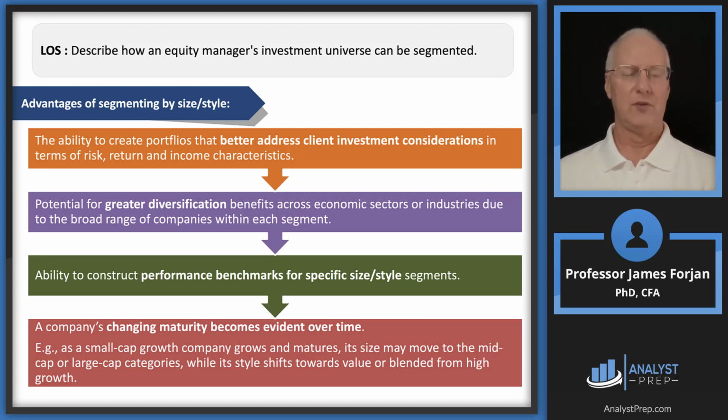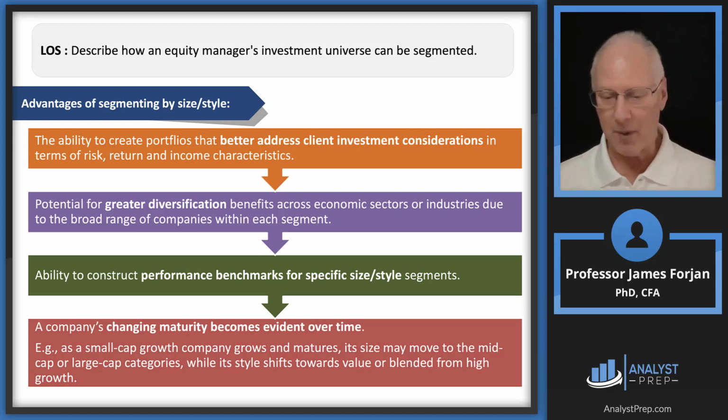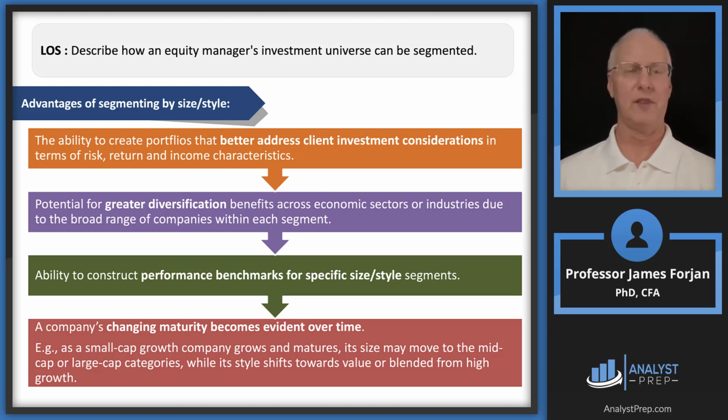So what are some advantages of all of this segmentation? Well, just think about it. Let's suppose there are 10,000 stocks traded in the United States. You throw those into a big circular bucket, and you look into that bucket, and you see all sorts of stuff in there.